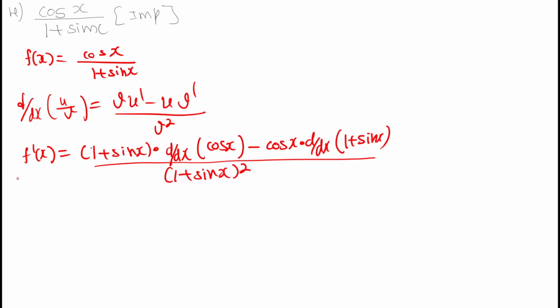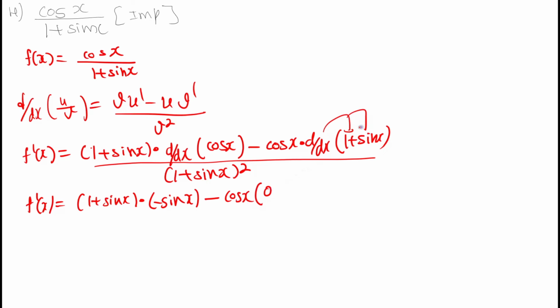Now find the derivatives. f dash of x is equal to 1 plus sin x into derivative of cos x, which is minus sin x, minus cos x into, see, derivative of 1 is 0, derivative of sin x is plus cos x, divided by, in the denominator no change, it is 1 plus sin x whole square.